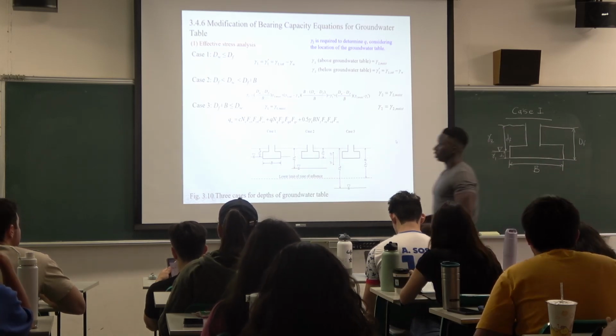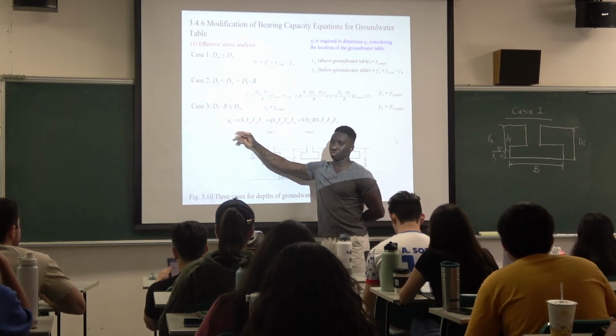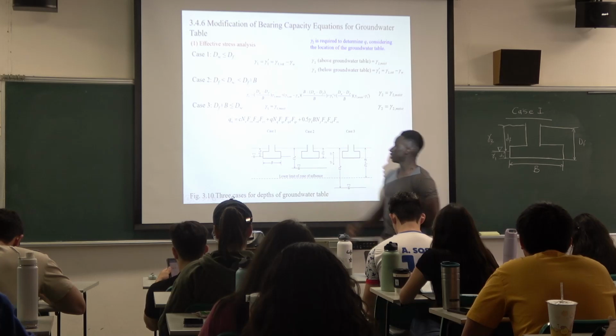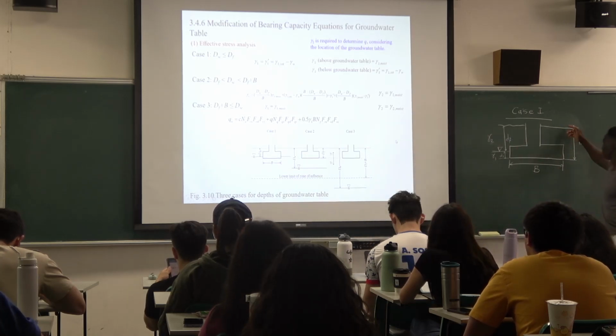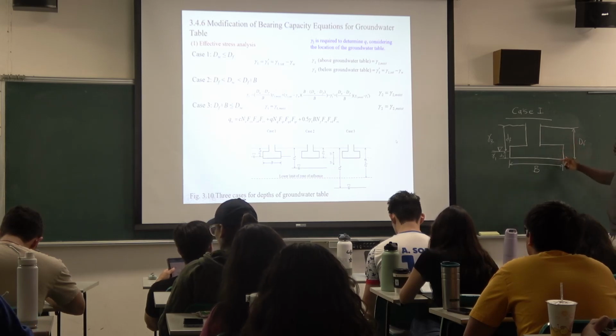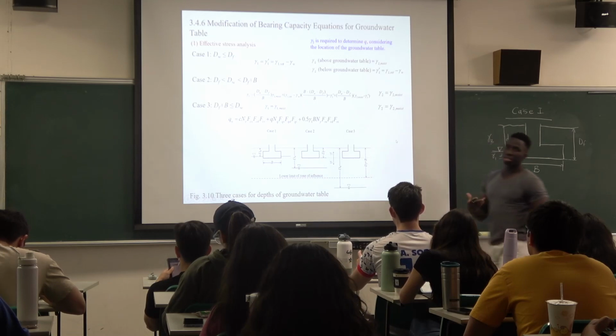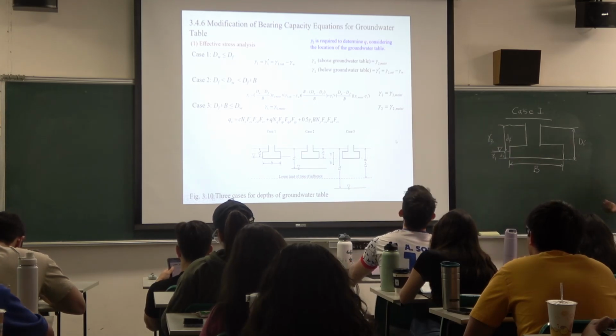If we look at this, the C factor here is cohesion, right? And this Q is due to the stress at the base of the footing, from the surcharge loading above. And gamma is the unit weight effect.